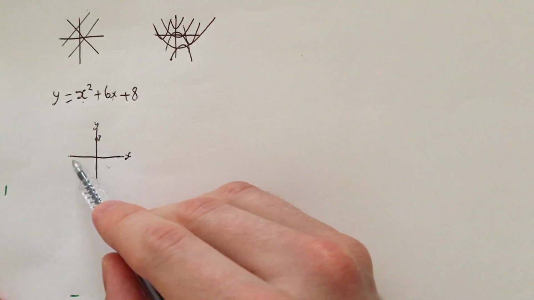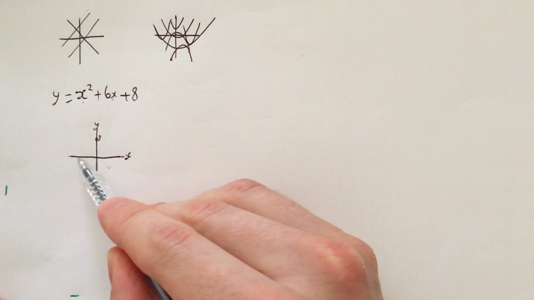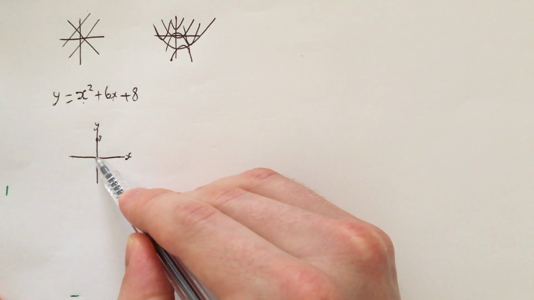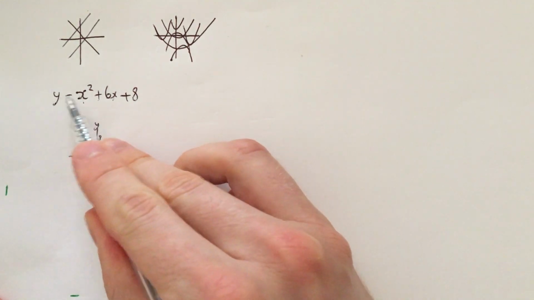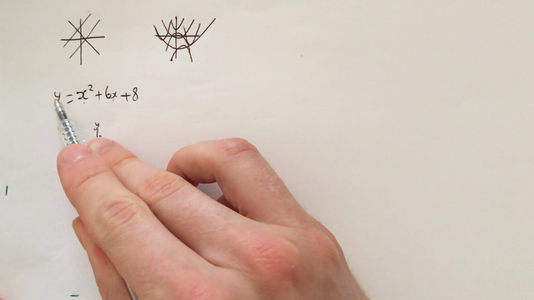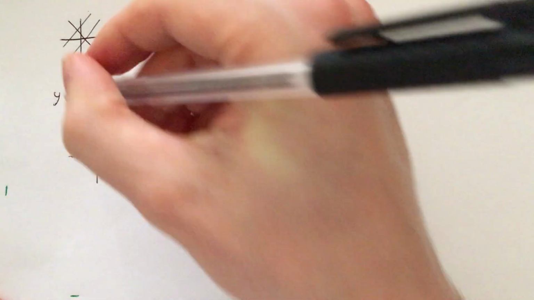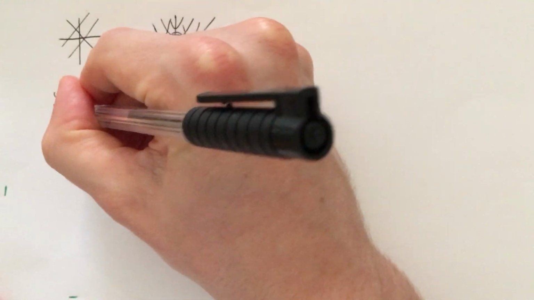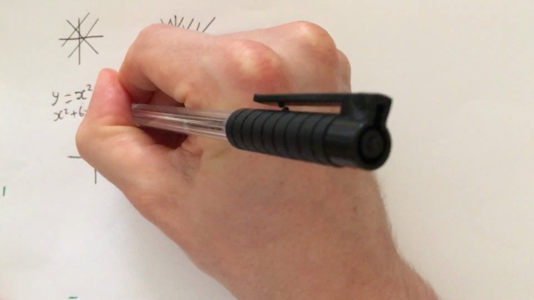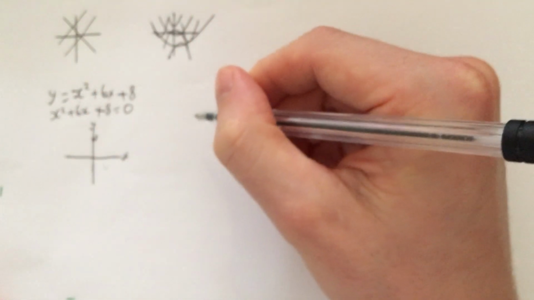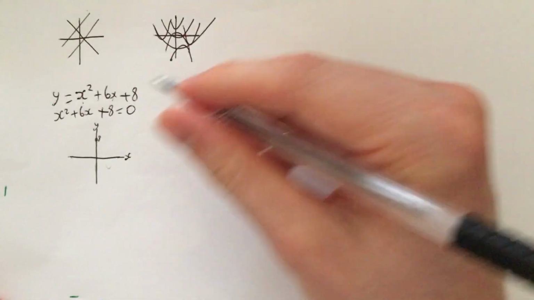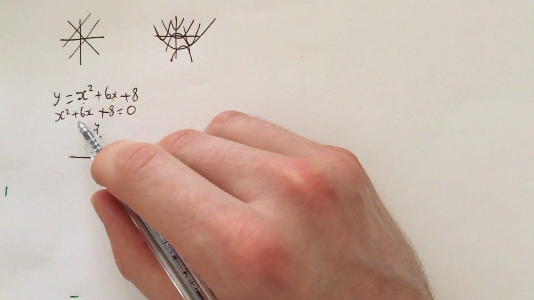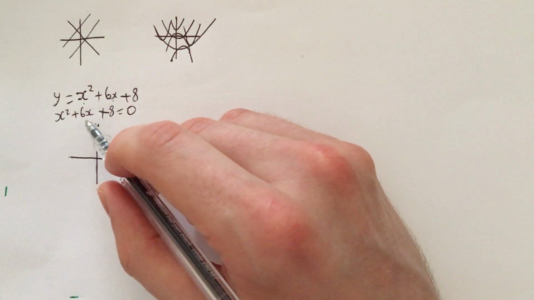Now, to work out where it goes through the x-axis, that is when y equals 0. So I'm now going to rewrite this equation, but put 0 in the place of y. So I could either do 0 equals, or I could do x squared plus 6x plus 8 equals 0. Either way, it's going to get us the same answer. I'm going to tell you what these answers are, and then you'll see in F1, F2, F3 how you can do it yourself.